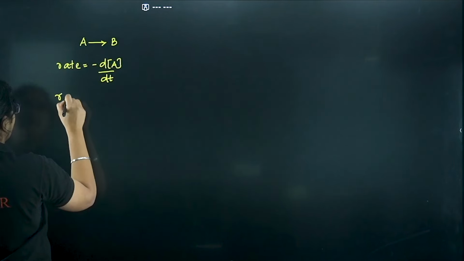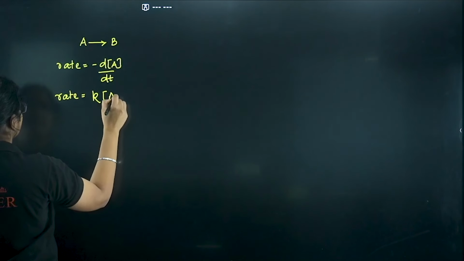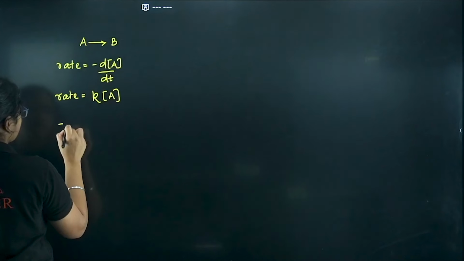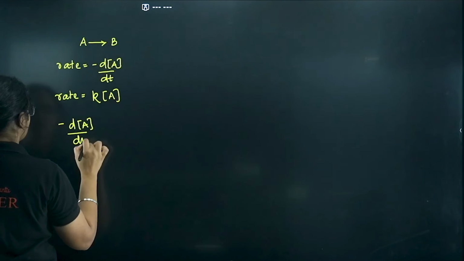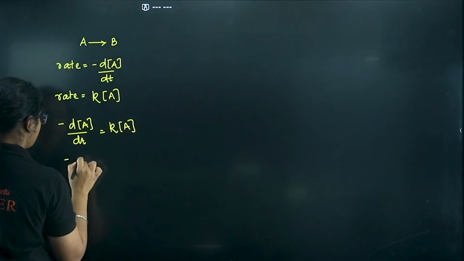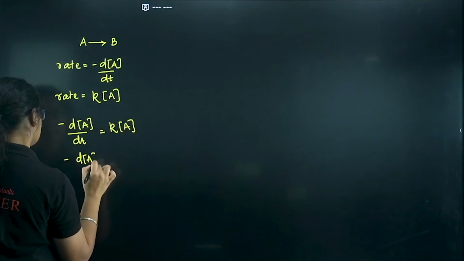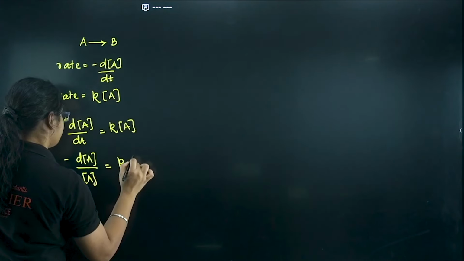And rate is equal to K into A. Now these two I can equate: minus dA by dt is equal to K into A. Now minus dA by A is equal to K dt.